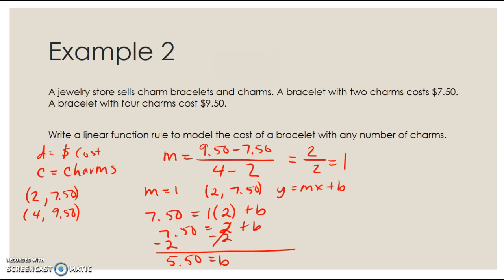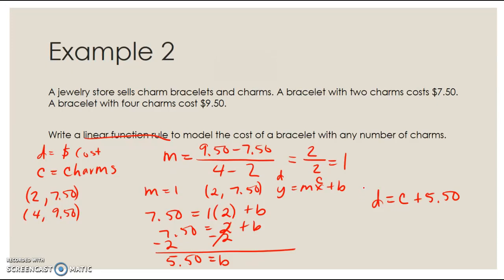But we want that linear function rule. So we're going to replace y with d and x with c. And so we'll have D, our dollar amount, will equal 1 charm, so $1 per charm, plus $5.50.